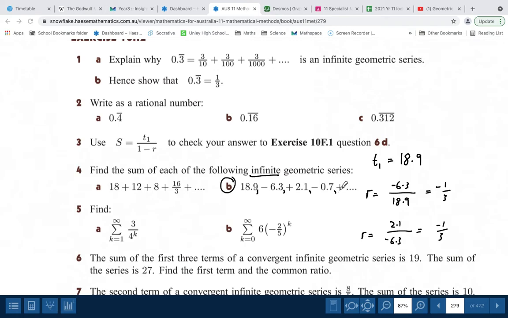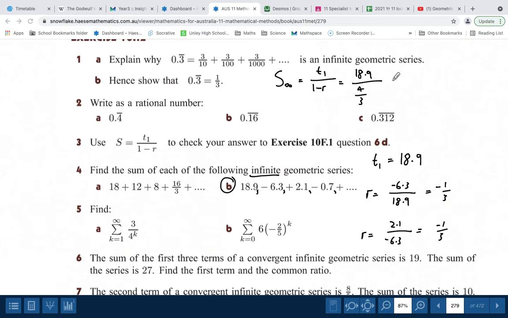So let's do that. Where can I do it? Maybe up here. All right. So the infinite sum is T1 on 1 minus R. Right, the T1 was 18.9. The 1 minus R will be 1 minus negative a third, which is actually 4/3.